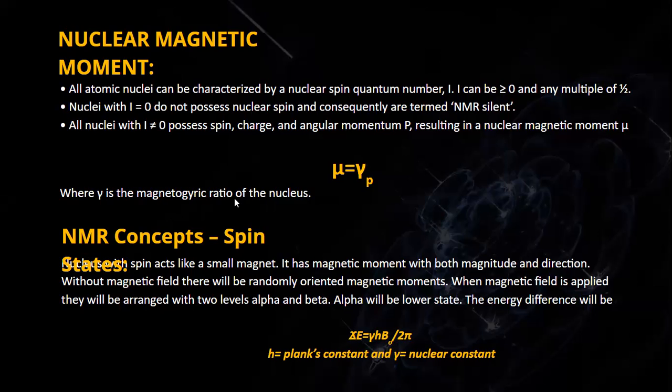Nuclear spin states: actually, a nucleus acts like a small magnet, and it has both direction and magnitude. Without a magnetic field it is randomly aligned, and when we apply a magnetic field, there is a formation of energy levels. The lower one will be alpha, and the upper one will be beta.